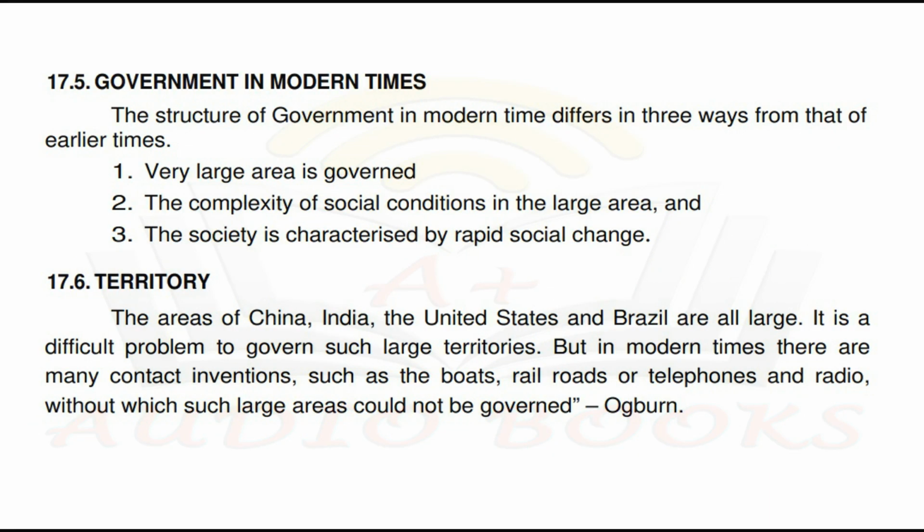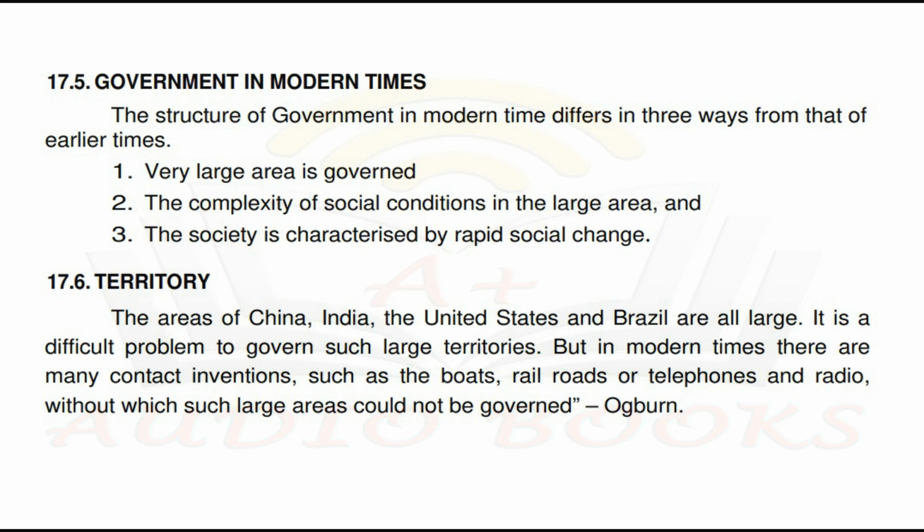Government in modern times. The structure of government in modern times differs in three ways from that of earlier times. 1. A very large area is governed. 2. The complexity of social conditions in the large area, and 3. The society is characterized by rapid social change. Territory.